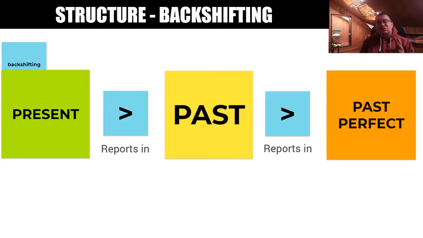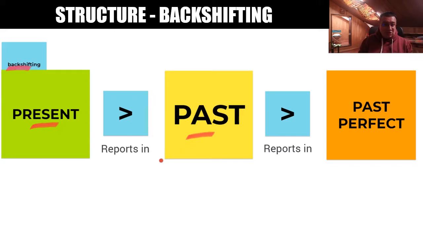Now, it's extremely important to pay attention to this part, and it's something called backshifting. Backshifting is when you have to change the tense to a past or a past version of it. That happens when you report something. When you listen to something that is naturally in present, once you report it, you're going to report it in past.